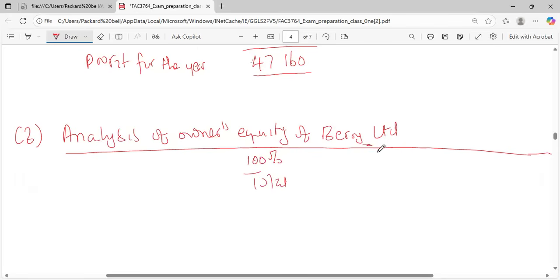So we come here and say June Limited 60%. Then we need our NCI.